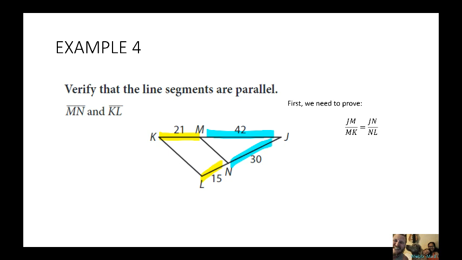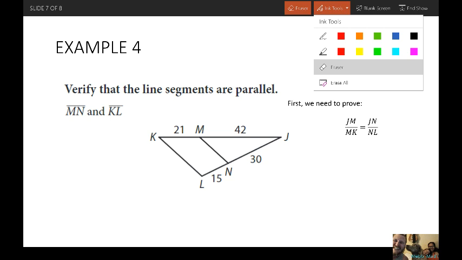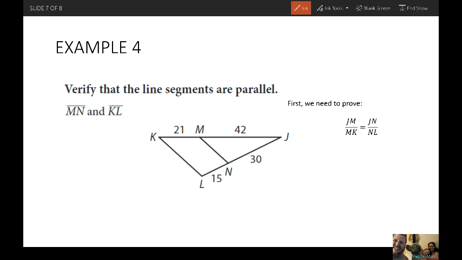Oh, okay, so it looks like the book decided to use a different proportionality. So let me erase this thought. Basically, they're saying that, and I would have done it differently, but I would have gotten the same proof, same answer. Basically, they're saying JM is proportional to MK. Think of it like a dilation.